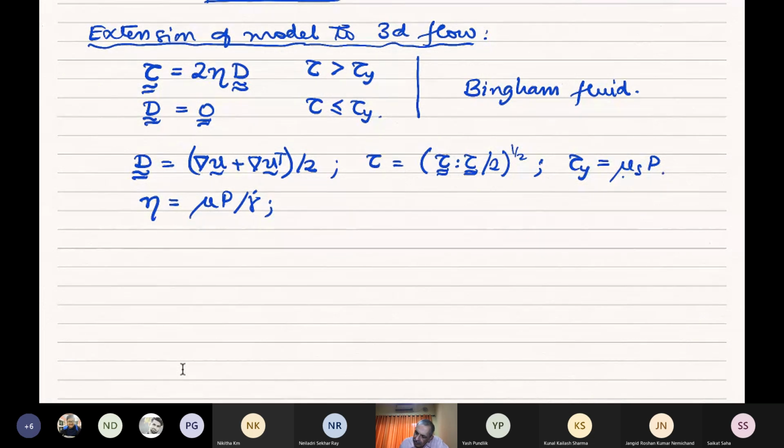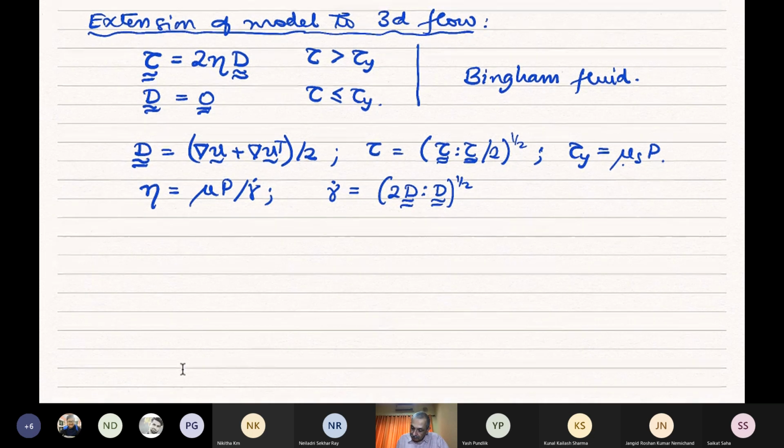And gamma dot also can be written in tensor form, and that we have seen also before is just 2 times d double dot d raised to the power of half. So this completes the specification of the constitutive model.